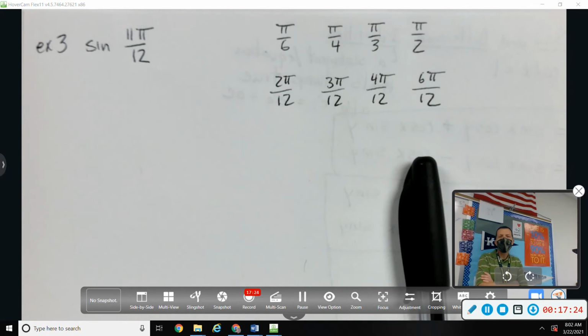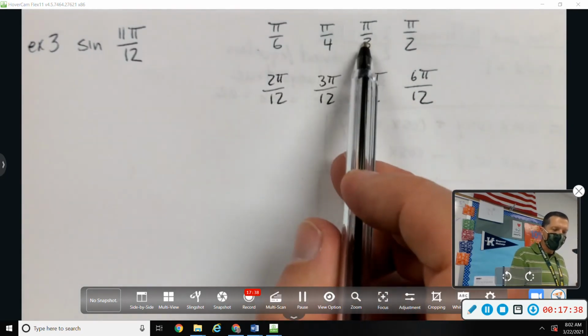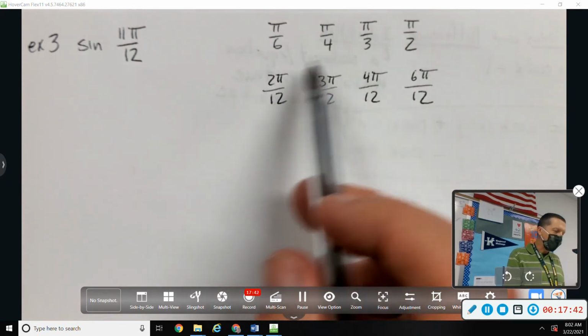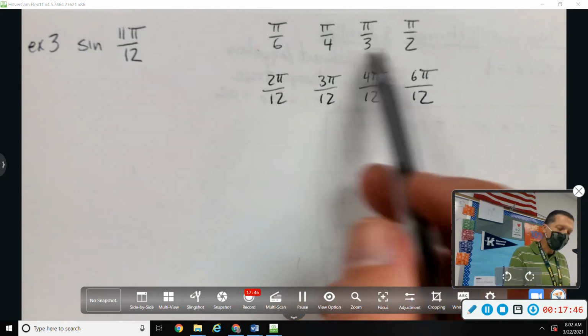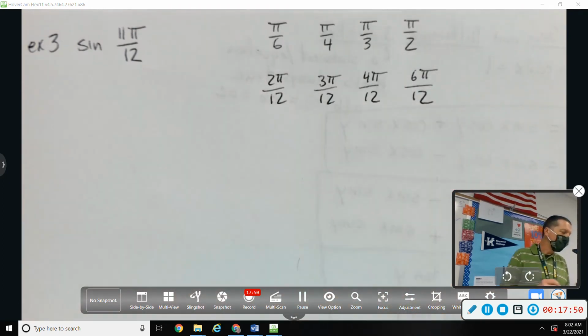Okay, well, I guess in some ways I can't get to 11 pi over 12, right? None of those add to 11, or no two of them add to 11. So is there a way I could combine? Because I'm allowed to use multiples of these, right? Like 2 pi over 3, or 5 pi over 6, or 3 pi over 4. And there's more than one answer, so we'll see. How could I combine some of these to get to 11 over 12?